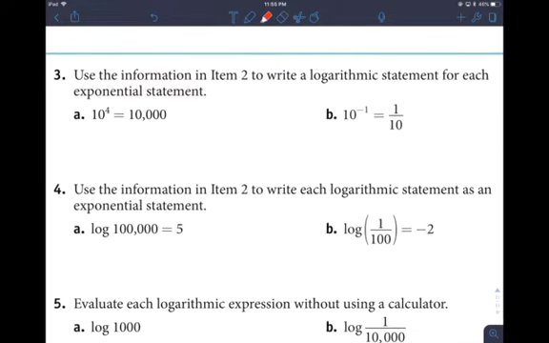Look at number 3A, it says, write the information in log form. So how would you write this exponential expression into logs? This is the same thing as log, because the base is 10, I'm not going to write base 10, of 10,000 is equal to 4.